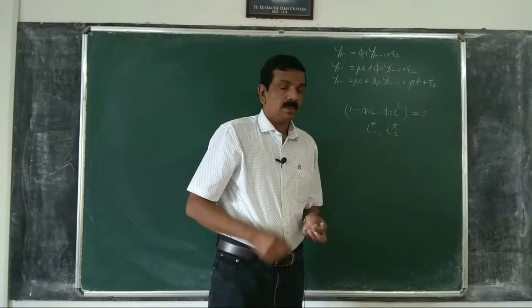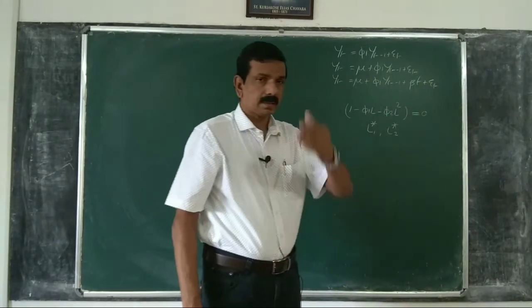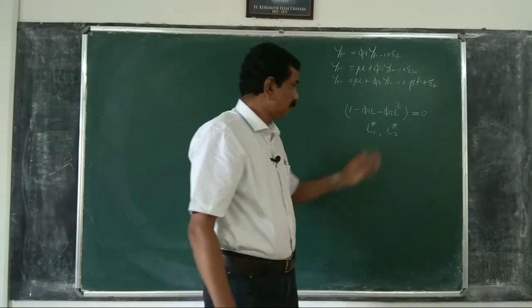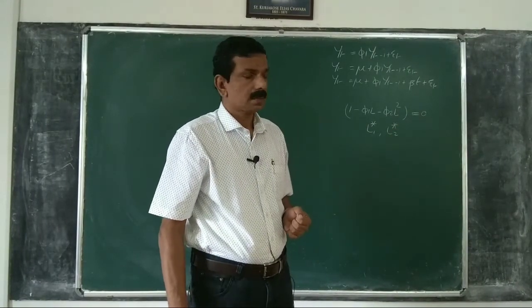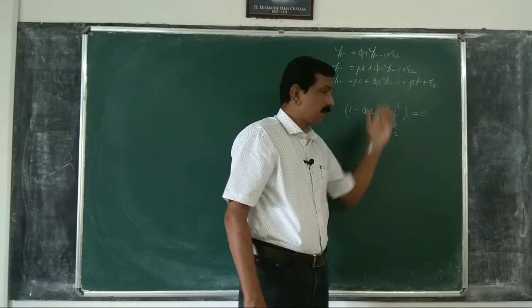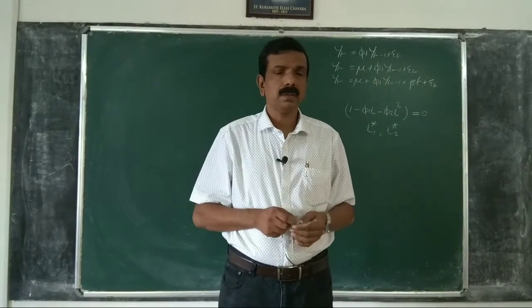So if a model is generated by AR2, AR3, etc., we have to test for more than one unit root. If it is generated by an AR1, we test for one unit root only.